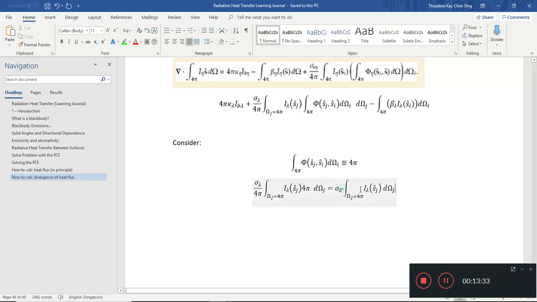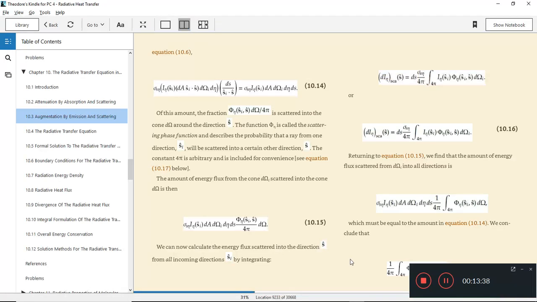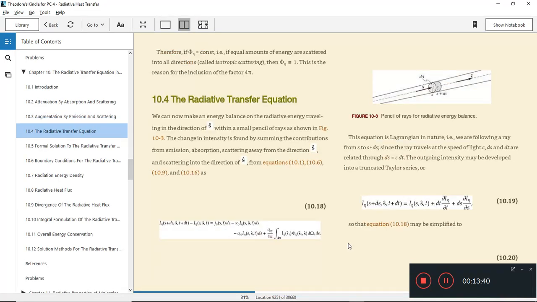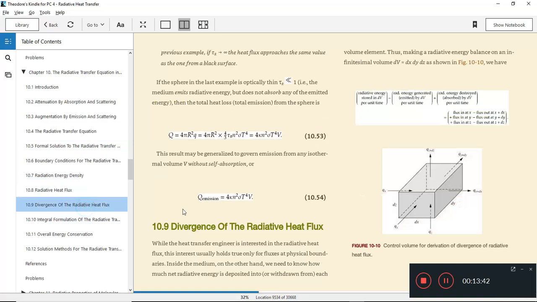This is something we want to introduce. It's called G, or total incident radiation.